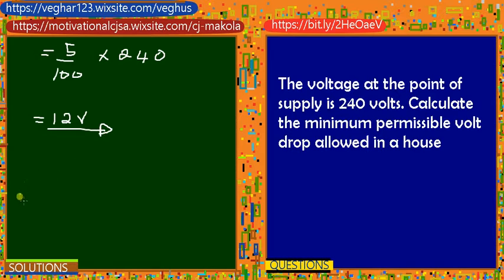So to find the minimum permissible voltage, we have to subtract the voltage drop from the supply voltage.